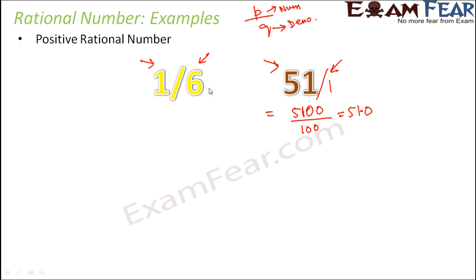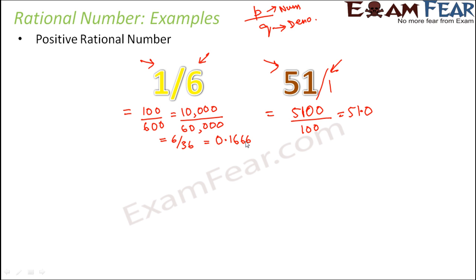Similarly, 1 by 6 can be written as 100 by 600. It can also be written as 10,000 divided by 60,000 because this also means the same. This can also be written as 6 by 36, which is also 1 by 6. And it can also very well be written as 0.1666 and so on.